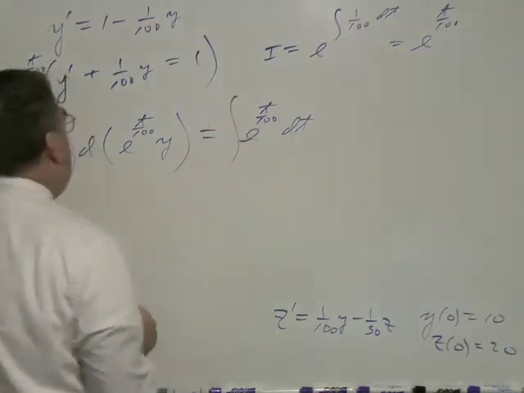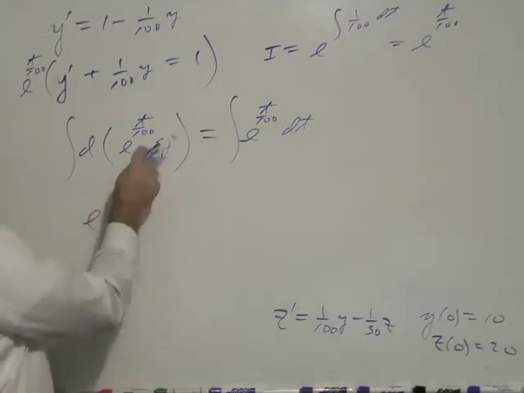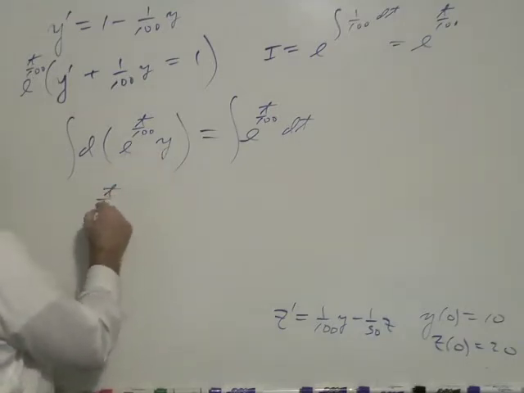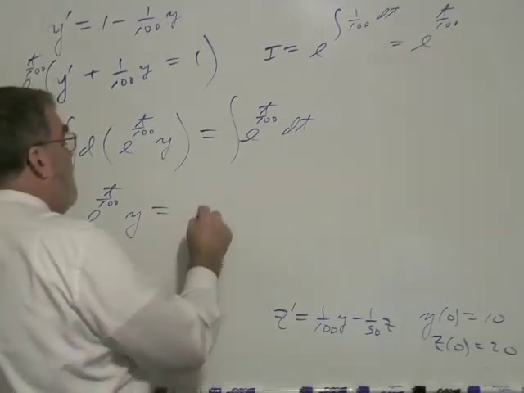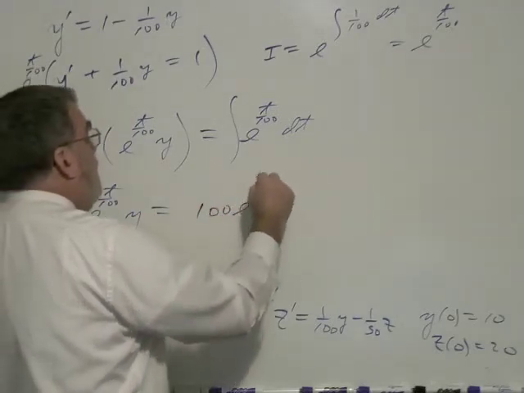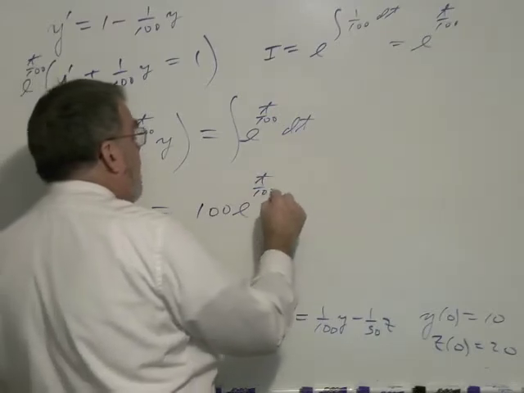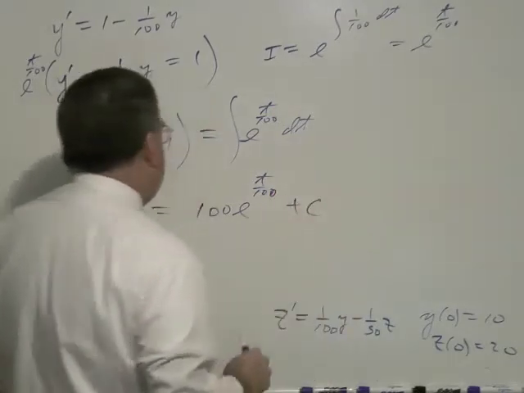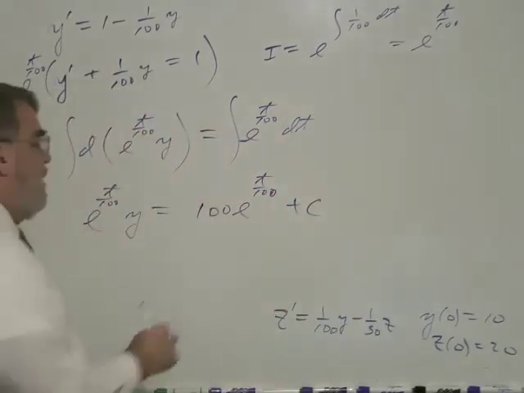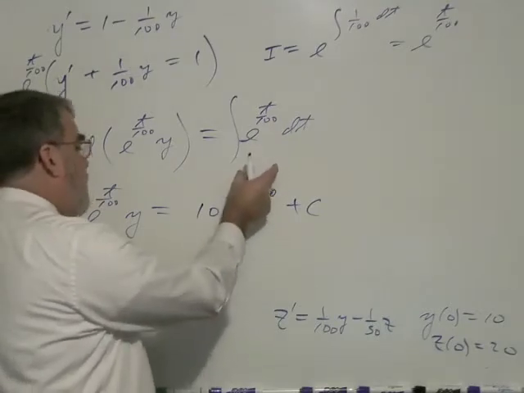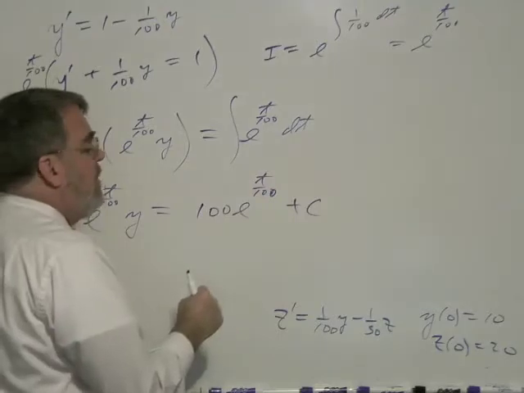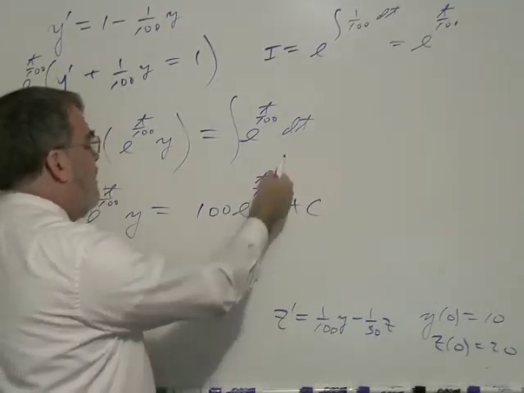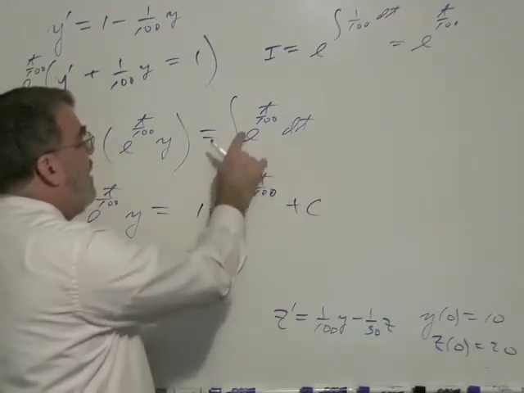So we integrate and we get e to the t over 100 times y equals 100 e to the t over 100 plus a constant. So think about this. If you take this derivative, you repeat the e to the t over 100, then you multiply by its derivative, the chain rule aspect, which is 1 over 100. So this 100 cancels, leaving a 1.